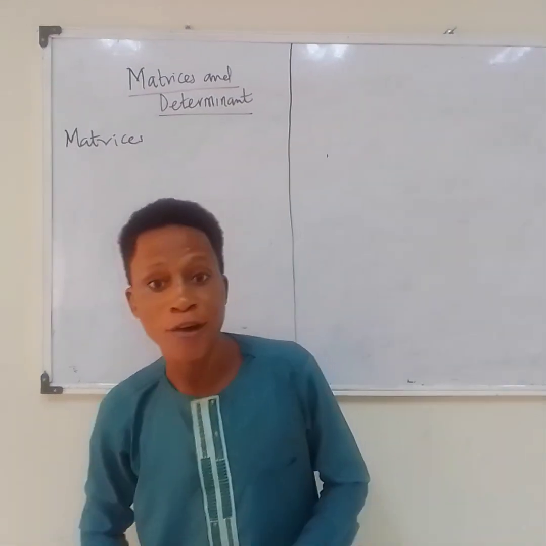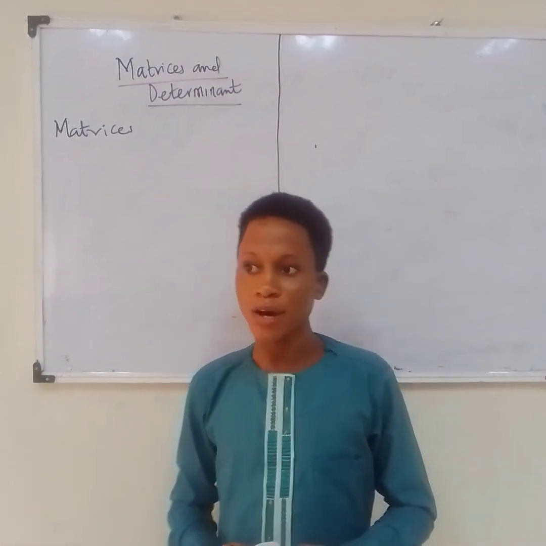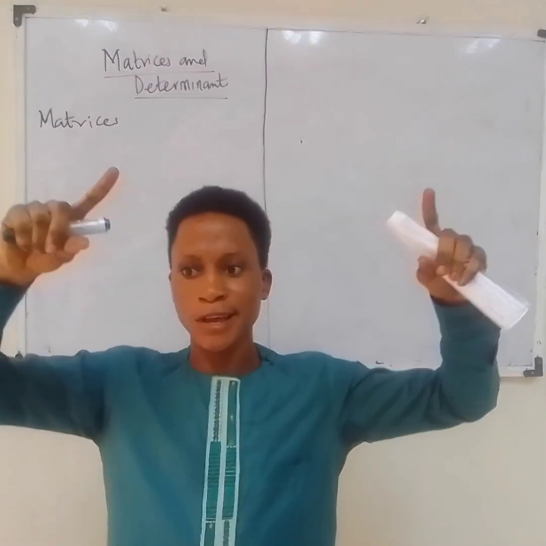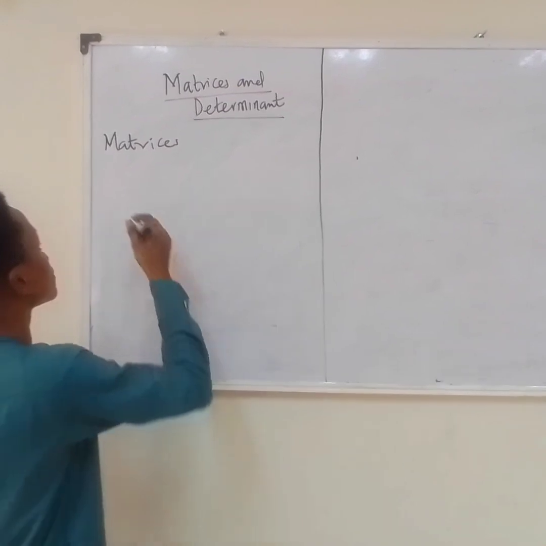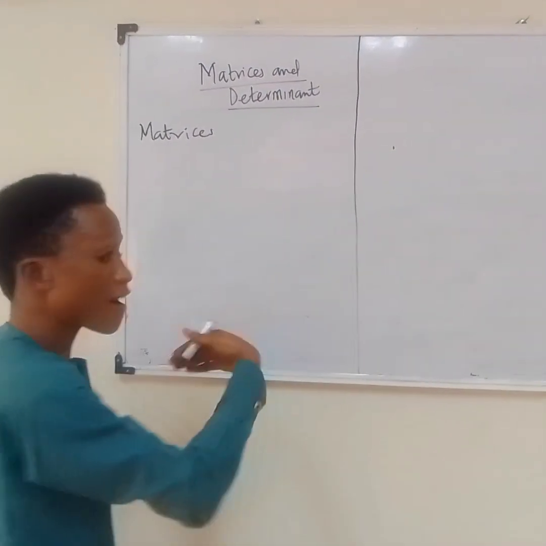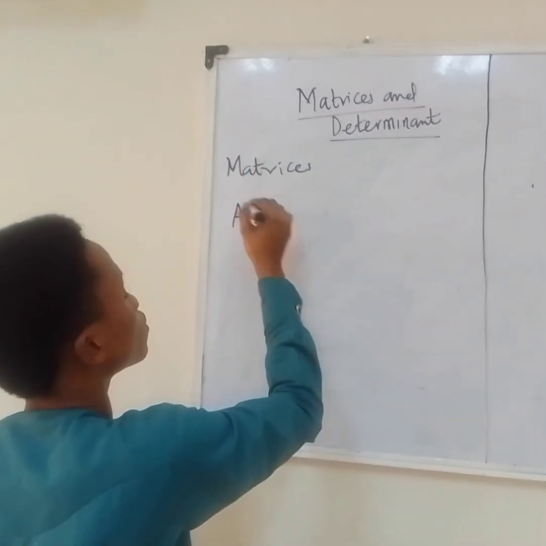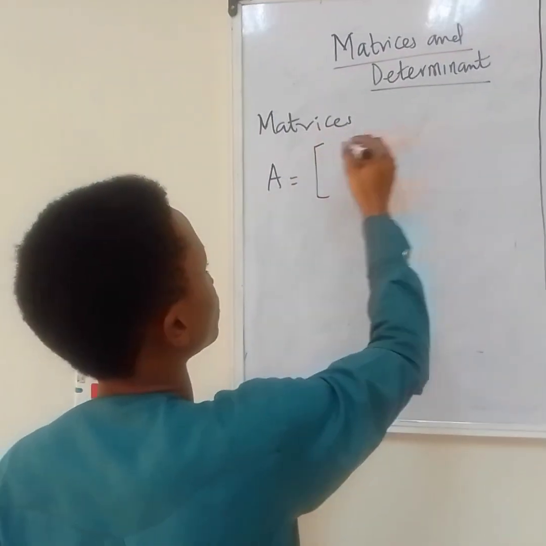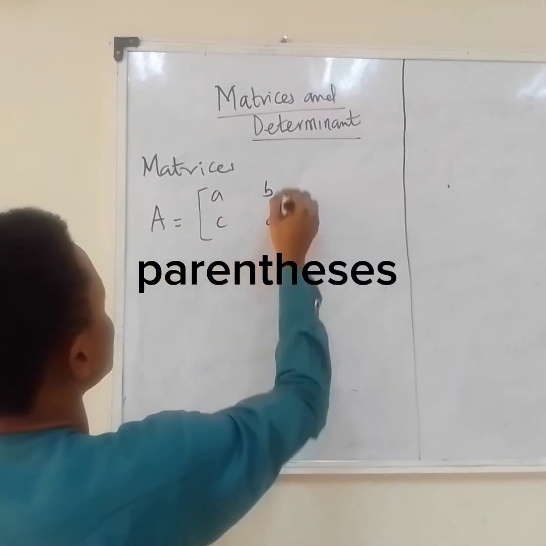A matrix is a rectangular arrangement of elements or numbers in rows and columns, which is enclosed by a bracket or parentheses. The arrangement can be numbers or alphabets. If I say A equals, with this bracket which we call parentheses, let's say a, b, c, d.